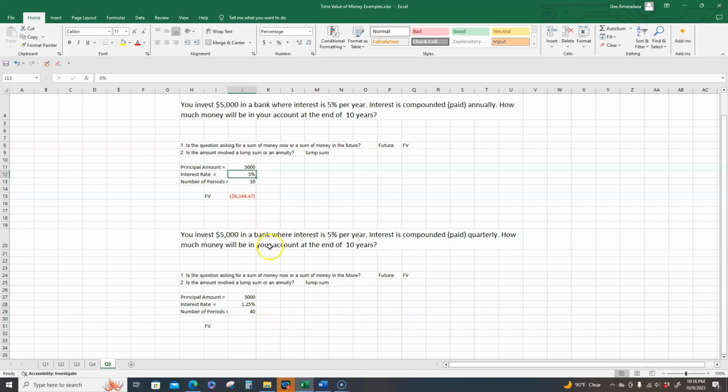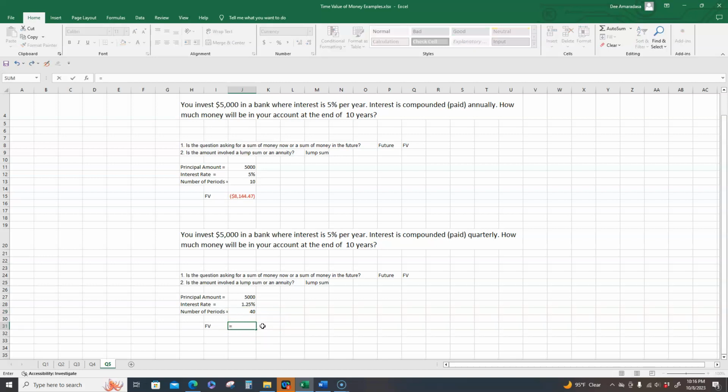So, do you see how our interest rate went down, because now we're looking at interest rate per quarter instead of interest rate per year? But our number of periods increased, because we're now looking at quarterly periods, and we have 40 quarterly periods of interest payments.